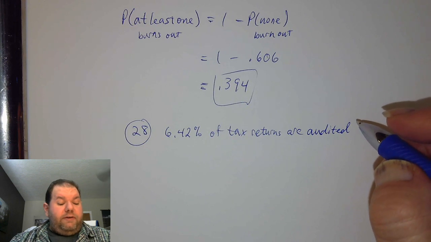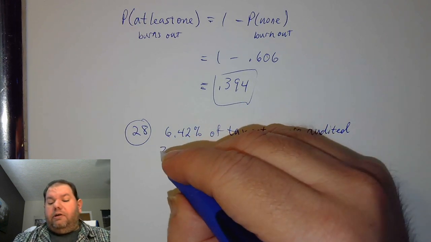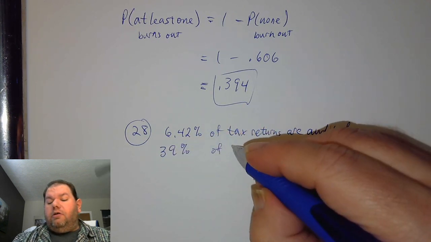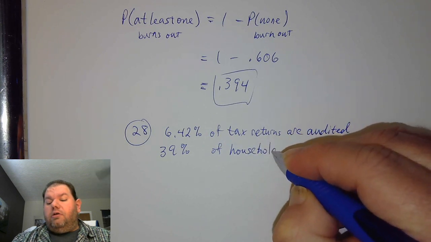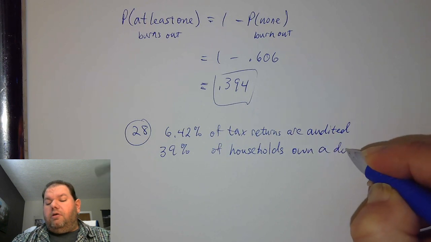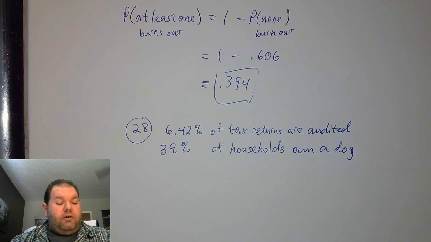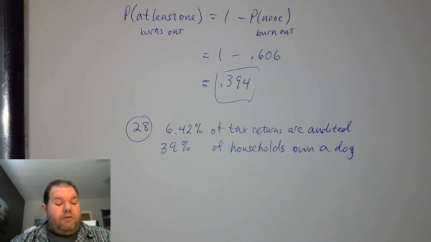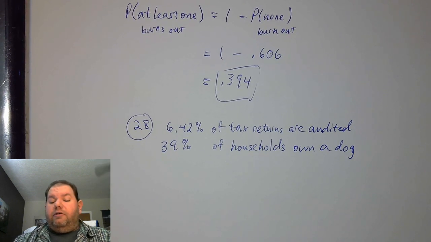According to the Humane Society, 39% of all households own a dog. Assuming dog ownership and audits are independent, what is the probability a randomly selected household is audited and owns a dog?